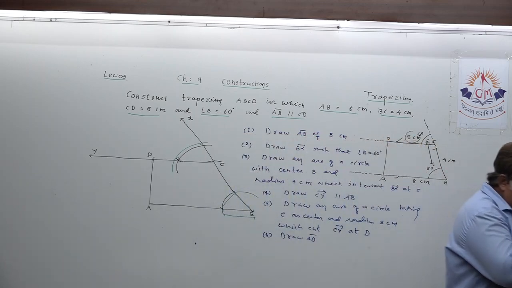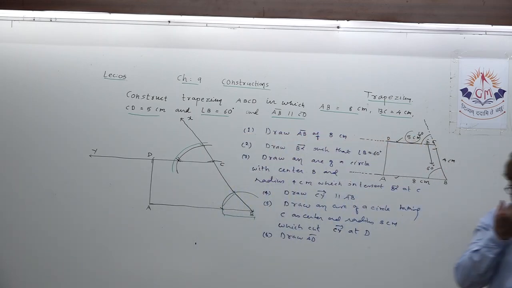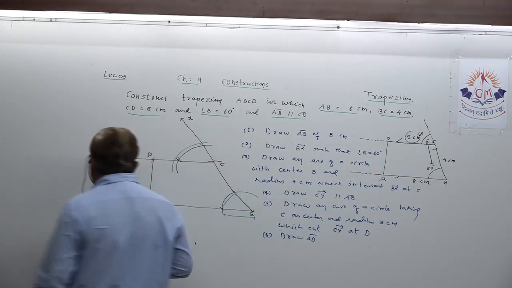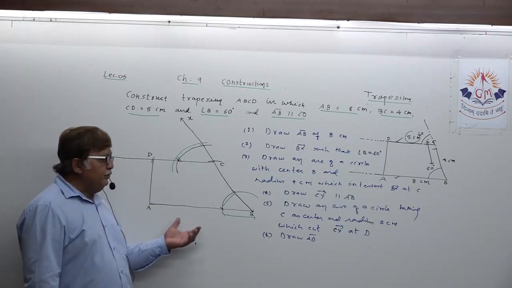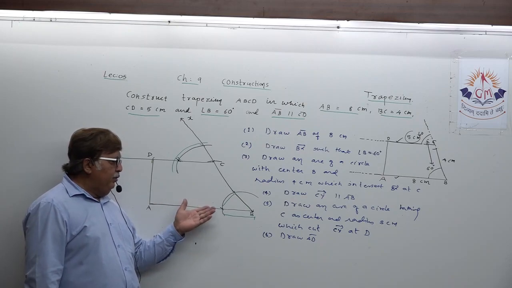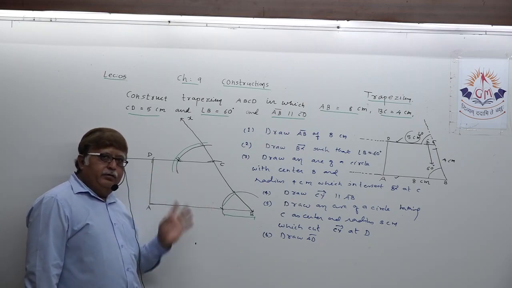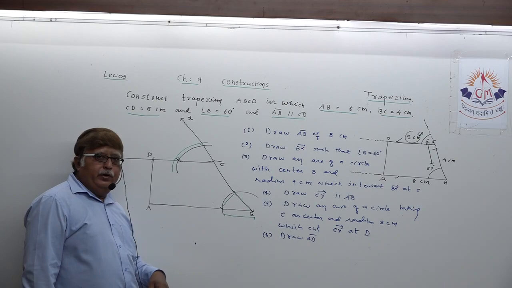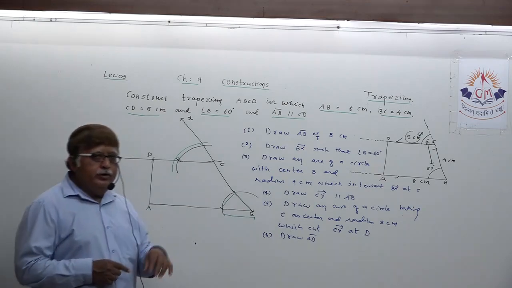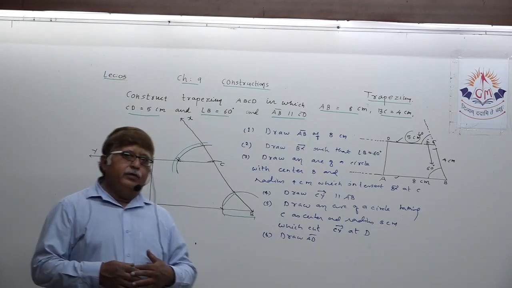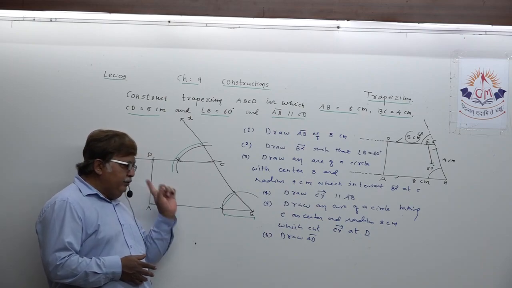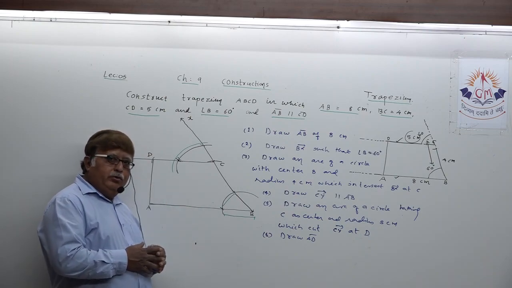You have to construct trapezium only under one condition: AB, BC, CD, angle B 60, and ray CY needs to be parallel to AB. On that point you have to be very conscious.